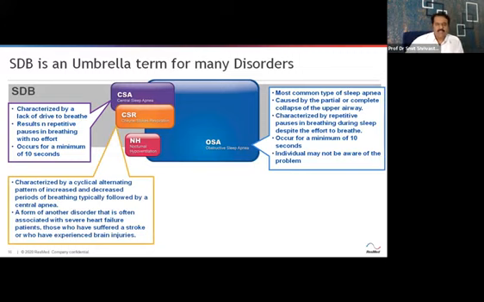Cheyne-Stokes breathing, which we have always classically studied in medicine but rarely or never seen, is an important part. It has a cyclical alternating pattern where there are increasing and decreasing periods of breathing, which are followed by a central apnea.